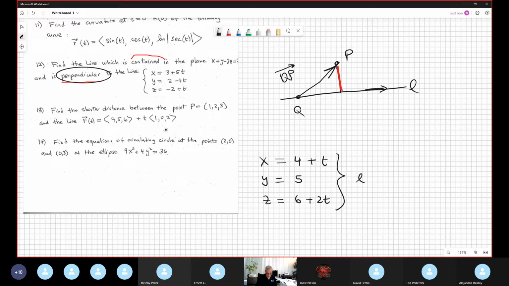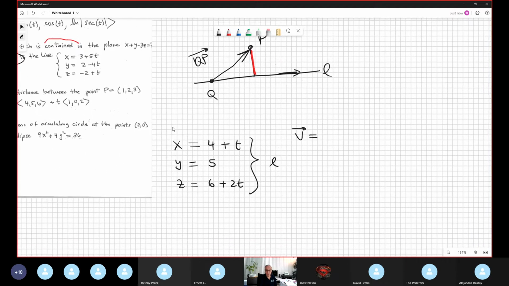You take the direction vector B, which is the vector 1, 0, 2. And you take this number, 1, 0 for the t, and 2. This vector is in this direction. You find the unit vector.